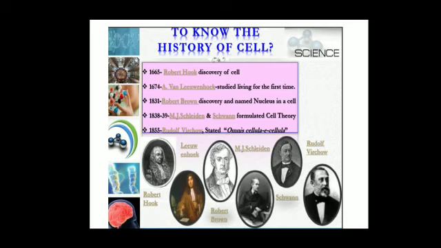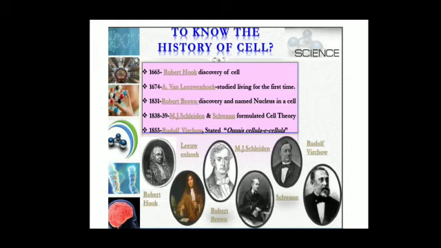Now we have to know the history of the cell. In 1665, Robert Hooke discovered the cell. In 1674, Leeuwenhoek studied living cells for the first time. In 1831, Robert Brown discovered and named the nucleus in a cell. In 1838-39, Schleiden and Schwann formulated the cell theory.